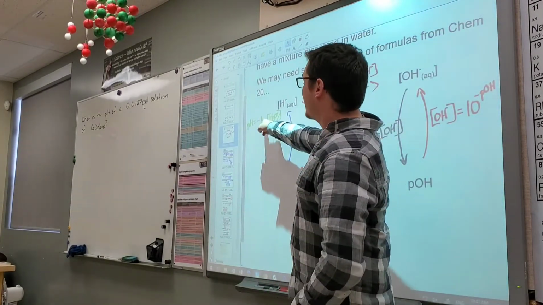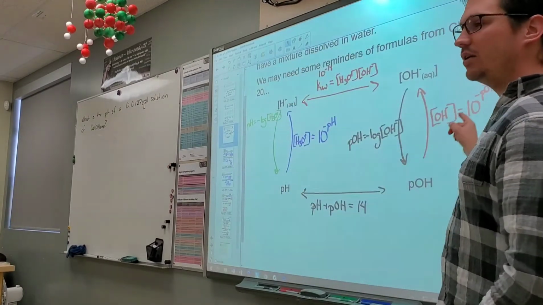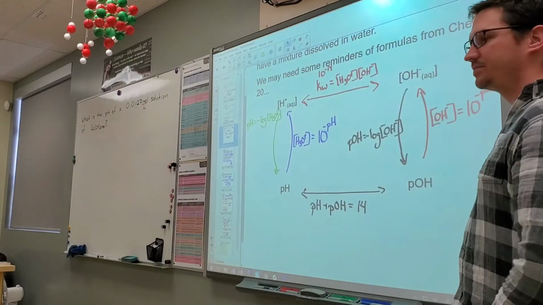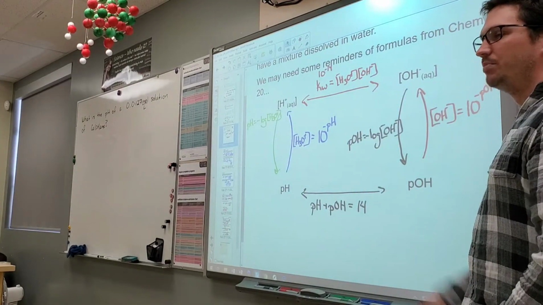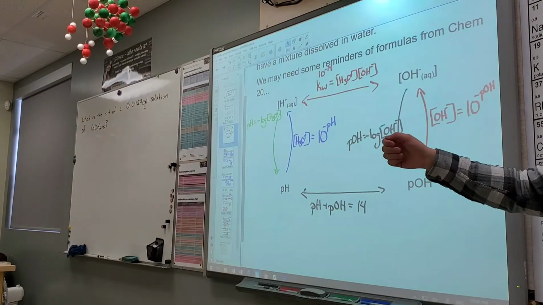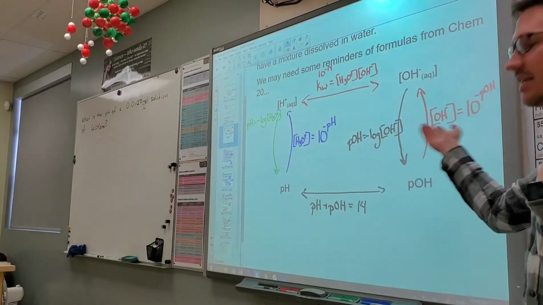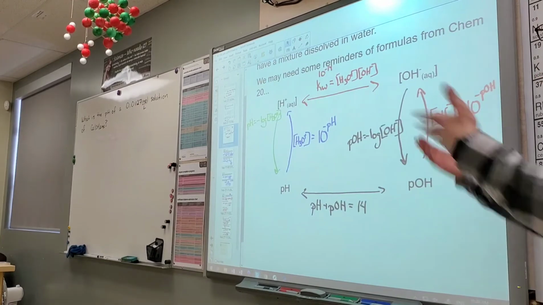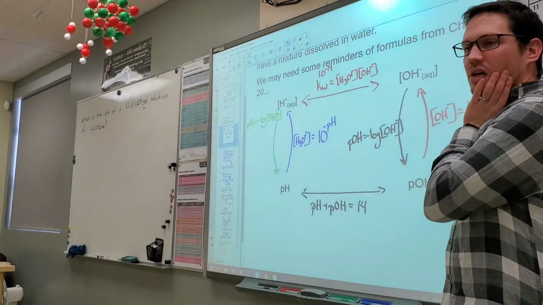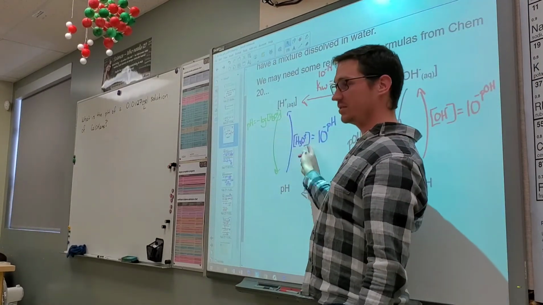Now there's acid equations and there's base equations. What do you notice? What's the difference between them? pH for acids, pOH for bases, hydronium for acids, hydroxide for bases. Are they the exact same equation? Okay, so you don't have to memorize 6 different equations, you have to memorize basically two equations.